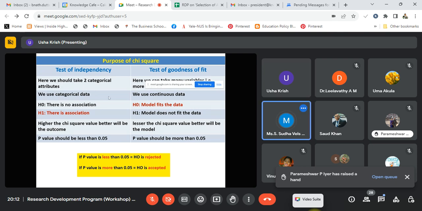Ma'am, you have told about continuous data. How do we utilize this continuous data in the questionnaire? Because continuous data is like height, that we are utilizing, no? Likert scale data for social sciences, how do you make it continuous data? Likert scale is continuous data. That is 1, 2, 3, 4, 5.